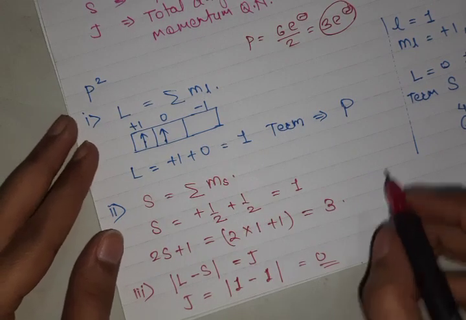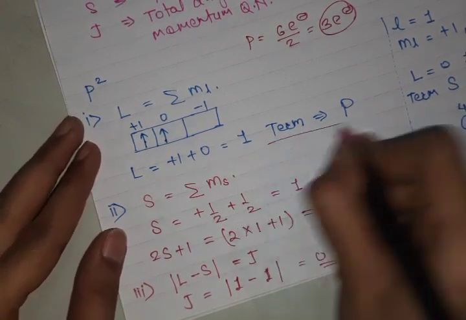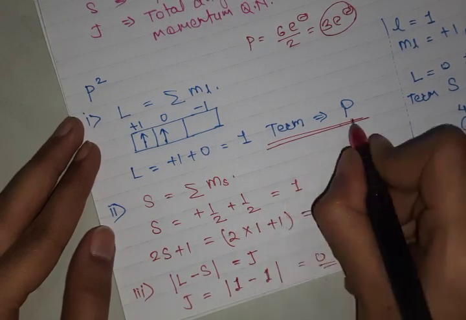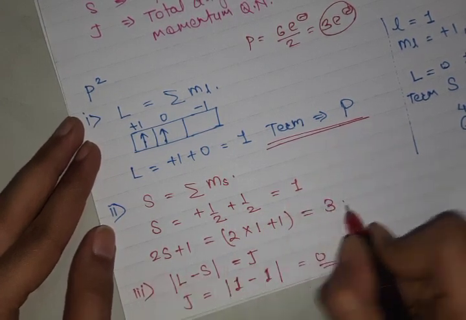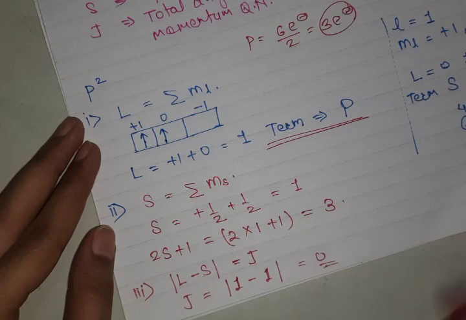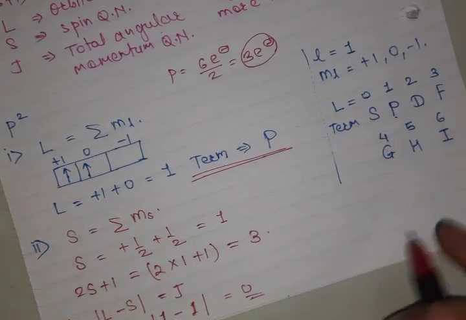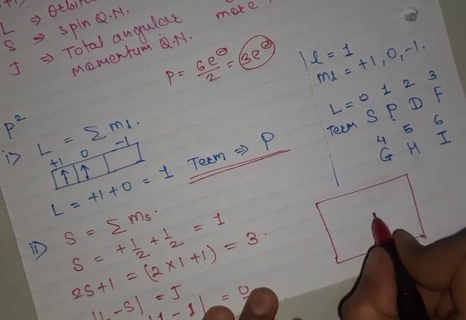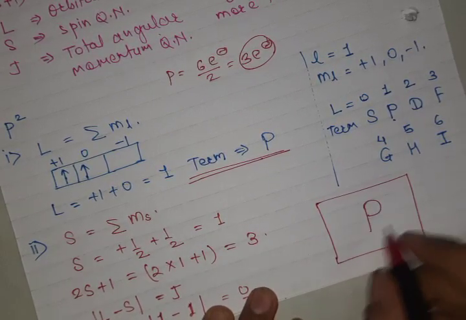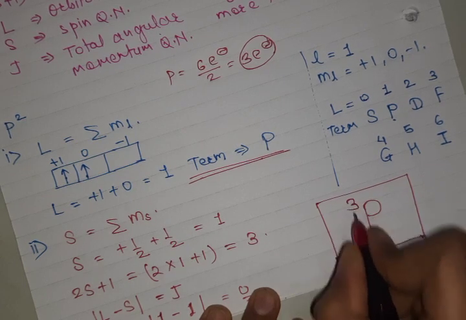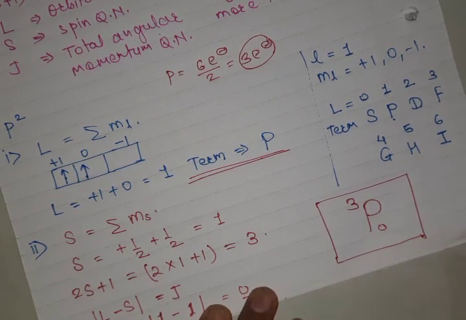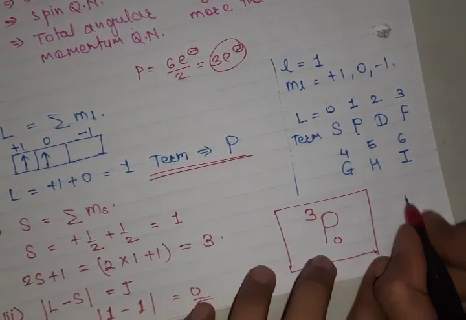But what is the final term symbol? These three things we got from these three steps: first is the L term, second is the spin multiplicity, and the last is the J value. So the final term symbol is P, spin multiplicity 3, and J value 0. If you want to write it, you can; otherwise, you can just write P3.